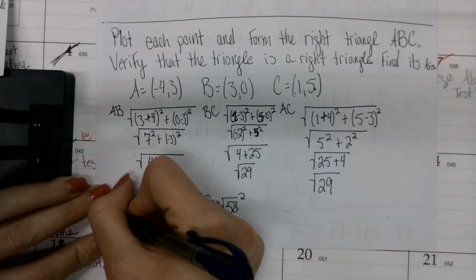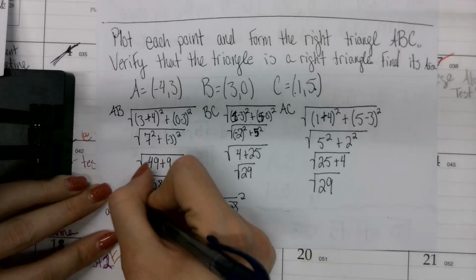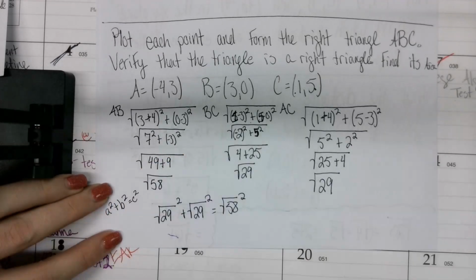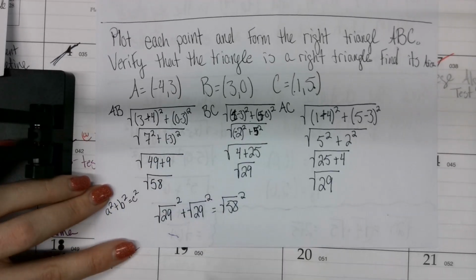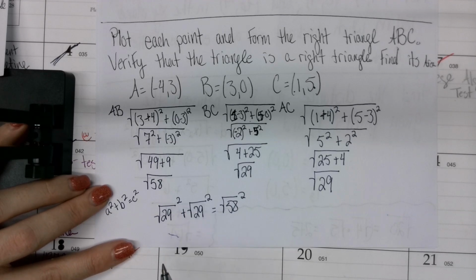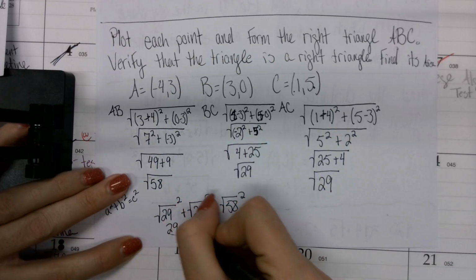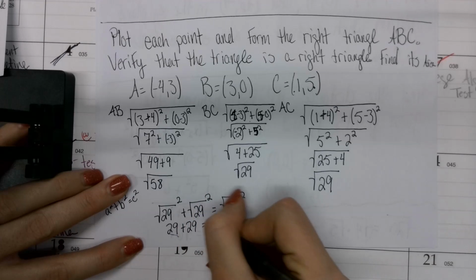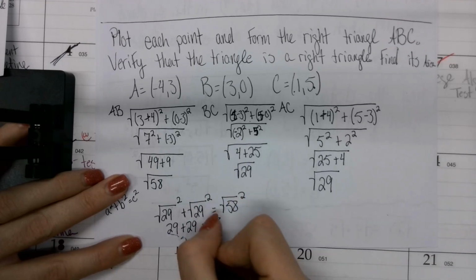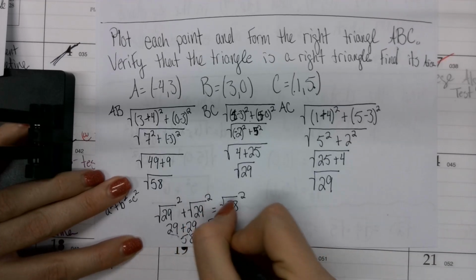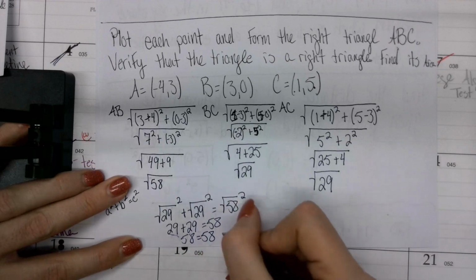And this is the Pythagorean theorem too. That's how we're proving it right now. So the square root of a square or the square of a square root, either way, they're inverse operations, so these are just going to cancel each other out. So I'm going to have 29 plus 29 equals 58, and 29 plus 29 is 58, so this is true.